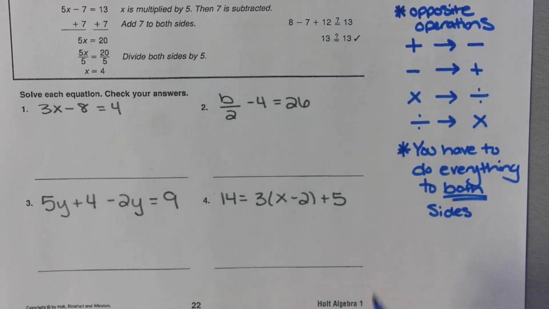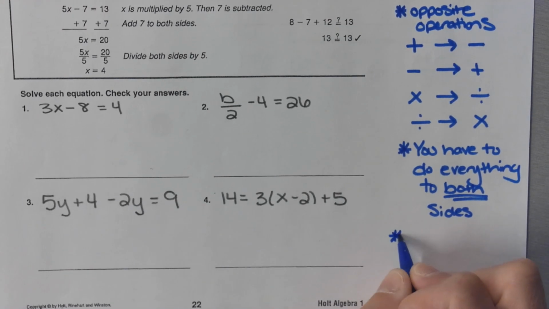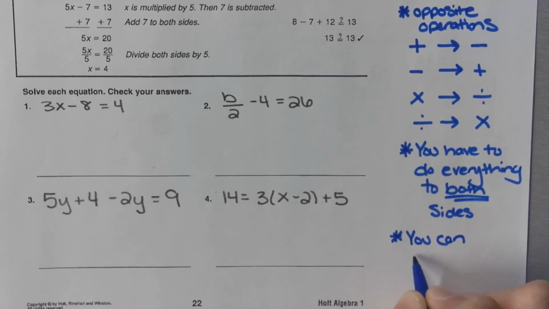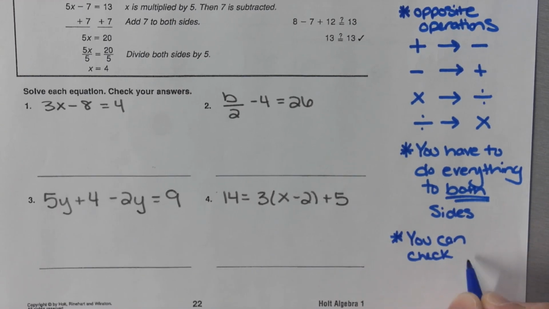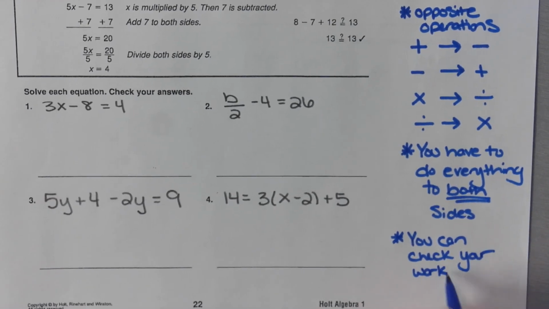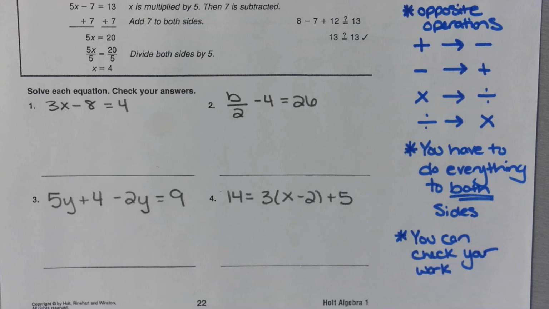And then the reminder I gave you a minute ago is you can check your work. How do you check your work? You can plug in your answer and make sure that it truly does give you the right answer. All right, are you ready? Okay, here we go.